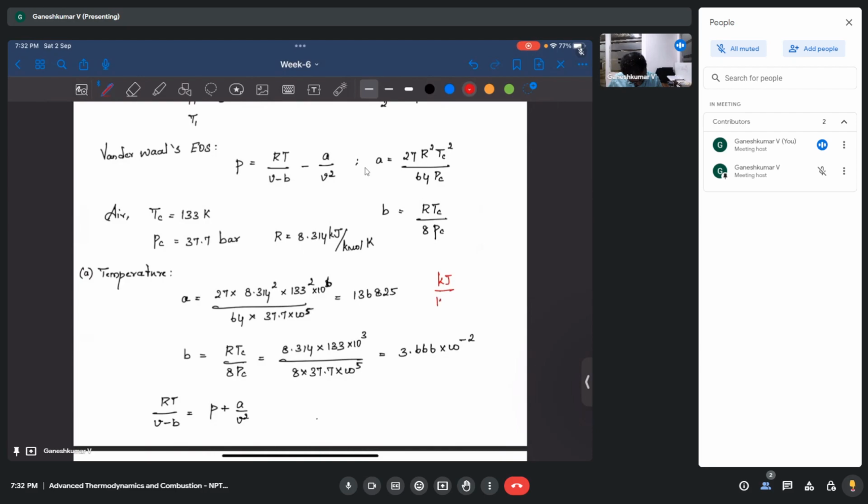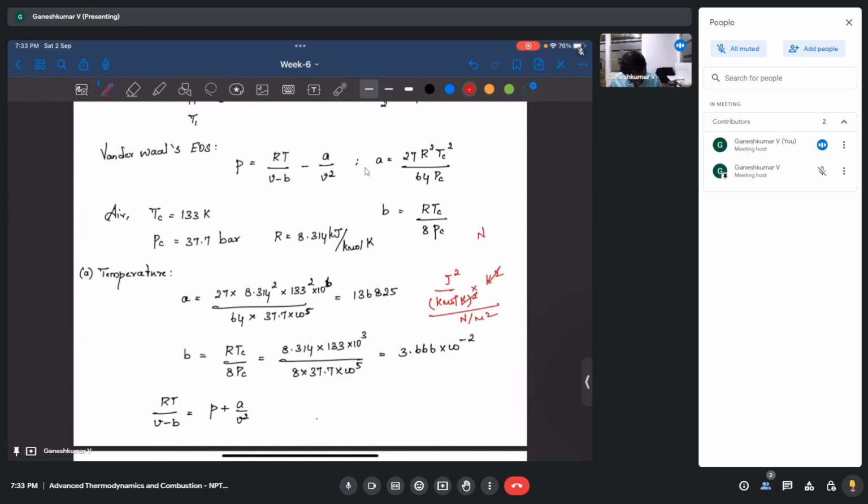So square, right? Joules square per kilomole Kelvin. Pascal is Newton per meter square. So cancel these two.